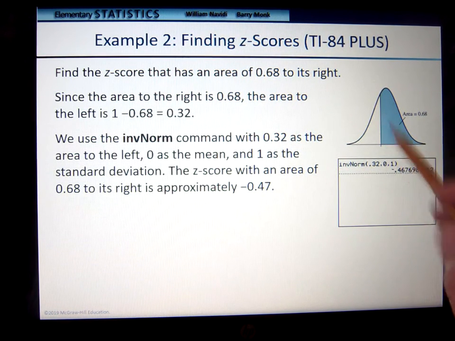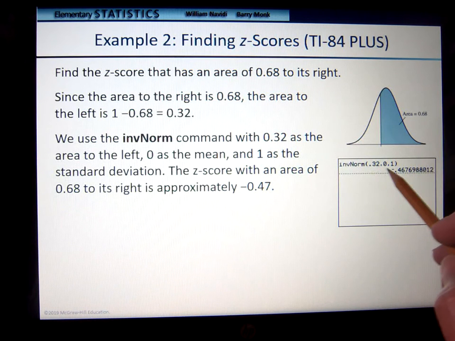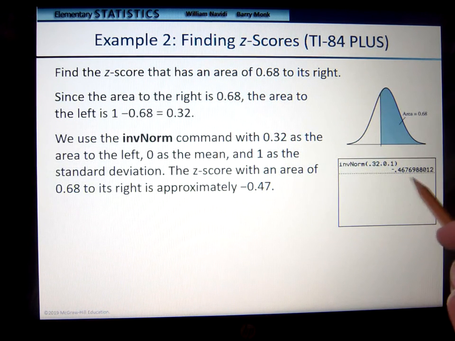Again, we have our mean of 0 and 1 is our standard deviation. And when I hit enter, I'll find out that this point right here for my z value is negative 0.46769888012, probably rounded to 4 places past the decimal, making this a 7.